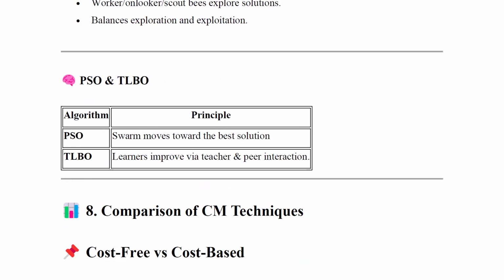In particle swarm optimization, the swarm moves towards the best solution. Next, in teacher learner based optimization, learners improve via teacher and peer interaction. You need to select the best students and give them training so that students will get good marks.